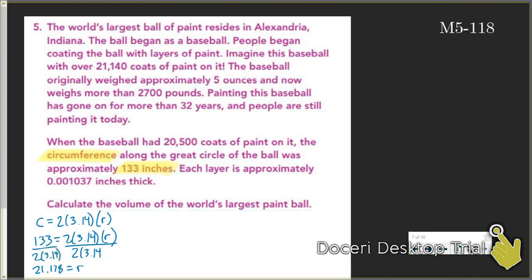We know volume is 4/3 times pi times the radius cubed, and in this case I'm plugging in that number for my radius cubed. When you type that in your calculator, you come up with a volume of 39,761 and 4/100ths, and that is inches cubed.